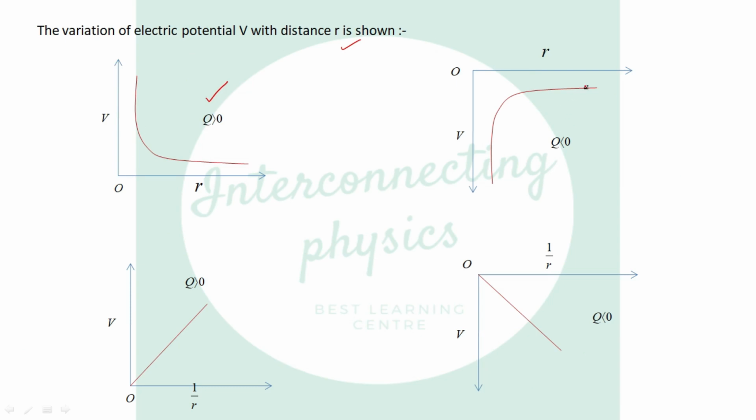For negative charge, the variation is like this. And the variation between V and 1 by R, because V is inversely proportional to R, we can also say V is directly proportional to 1 by R. If V is directly proportional to 1 by R, for positive charge the graph is like this, and for negative charge the graph is like this.